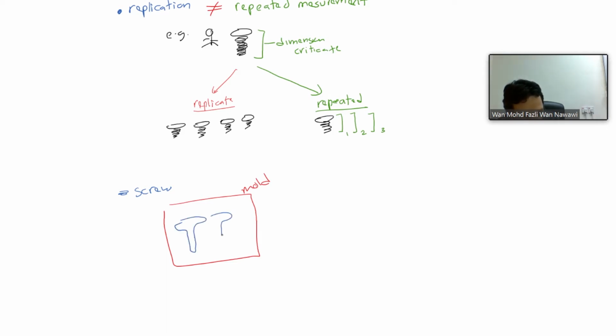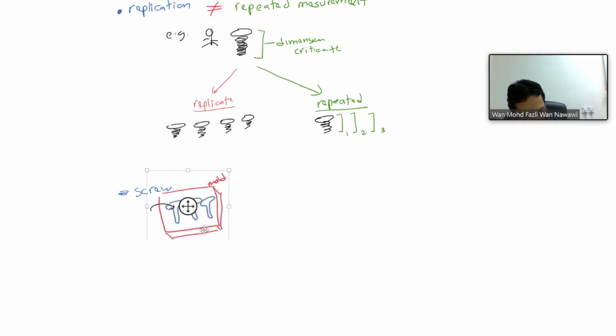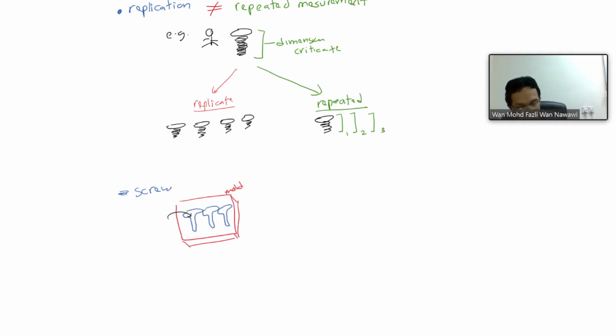Let's say this mold can make 3 screws, meaning that you pour hot metal inside, and then it becomes screws. So one mold accommodates 3 screws.